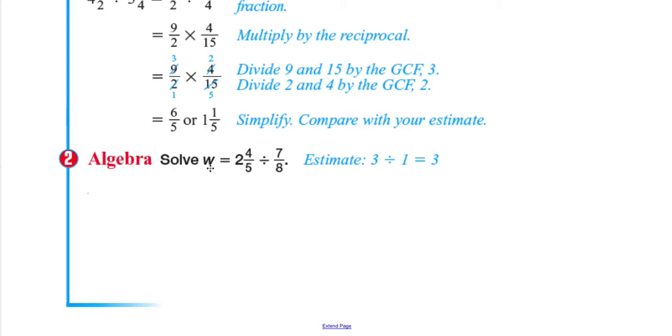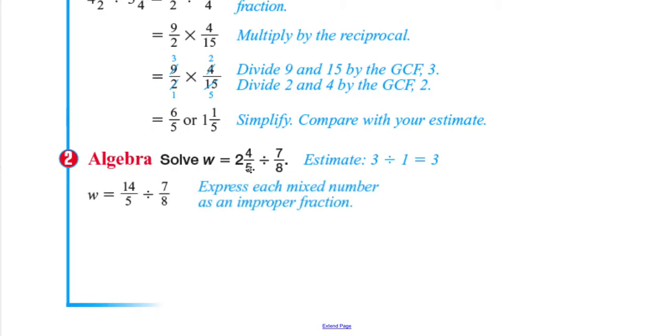Let's express the numbers as improper fractions. 7/8 we don't need to touch, but we can change 2 and 4/5 into an improper fraction, which is 14 over 5. Again, don't find the GCF yet.